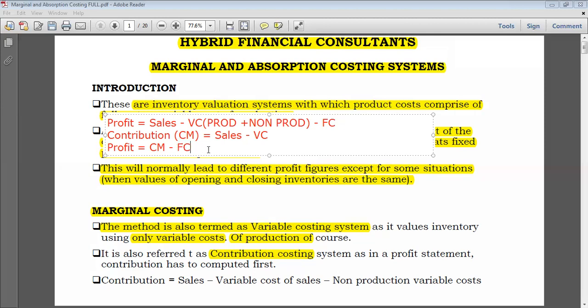So these non-production costs, does that include things like selling? Simply speaking, non-production costs are costs that are outside the production department. In a production department, let's say you're assembling cars, you can have assembly workers, those are labor. You can have materials used to make anything that you are making.